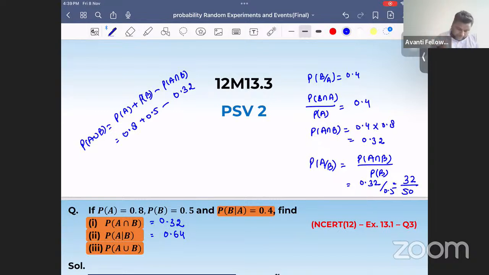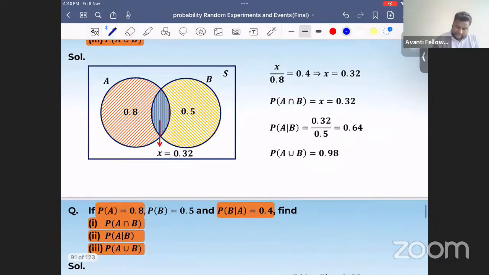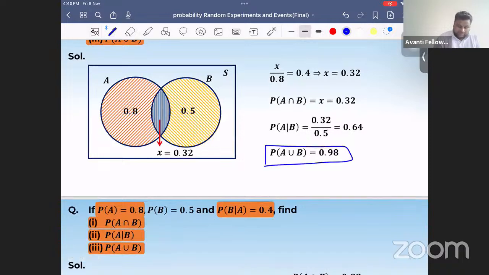So this will be 1.3 minus 0.32. So how much did it come? 130 minus 32, 0.98. Am I correct? Rohit, why are you getting everything wrong? 0.98 it will come.